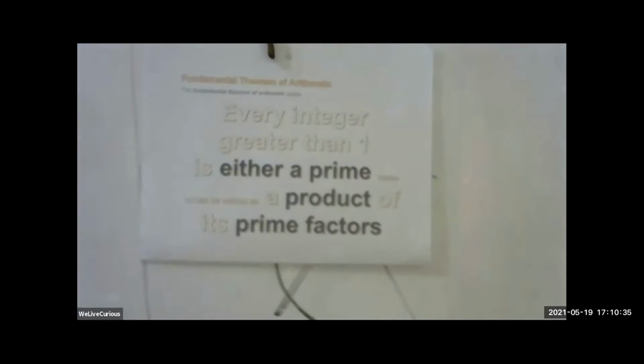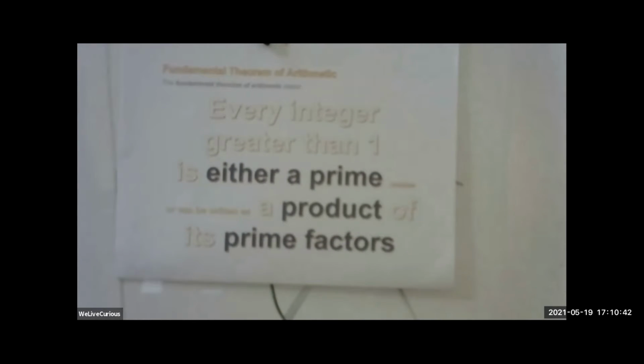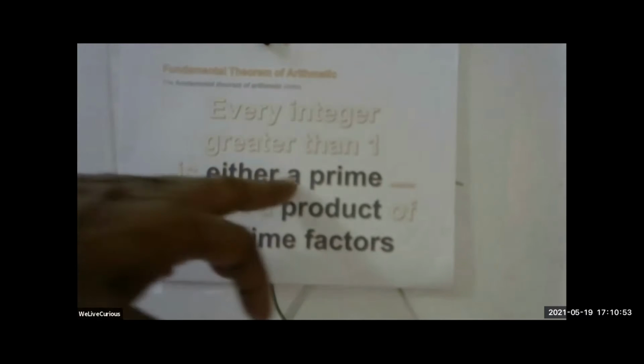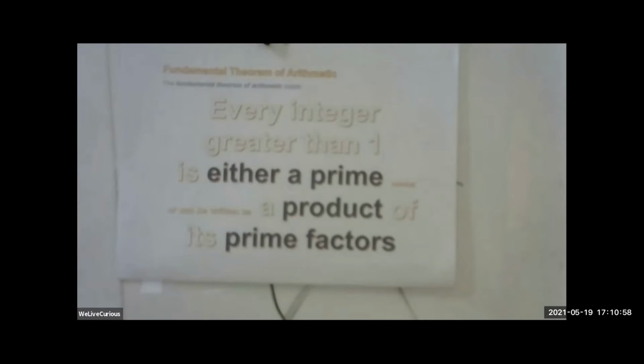Can you make out what exactly it's saying? See here, it is clear now. Every integer greater than 1, that is, integer means 2, 3, 4 whole numbers, is either a prime or it can be written as a product of primes. Can you give me an example of how?